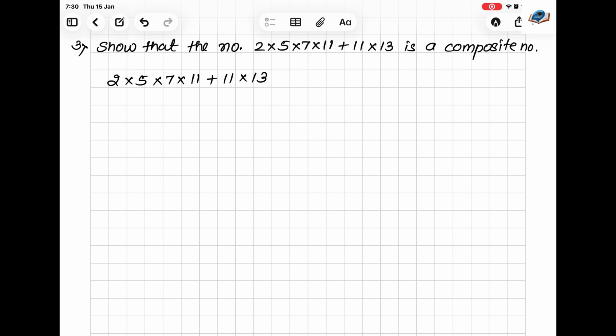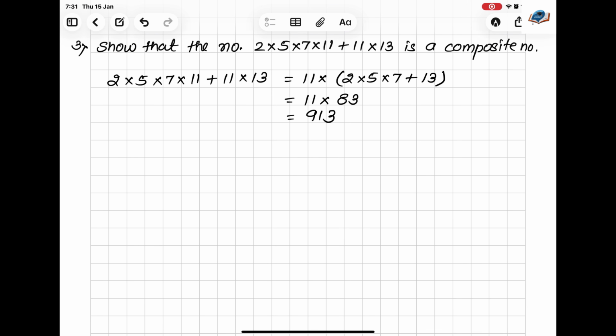If I take 11 common outside from both of them, I will get 2 into 5 into 7 plus 13 as 11 is taken out common. So this will be 11 into 83. 70 plus 13 will give me 83. So which is equal to 913.